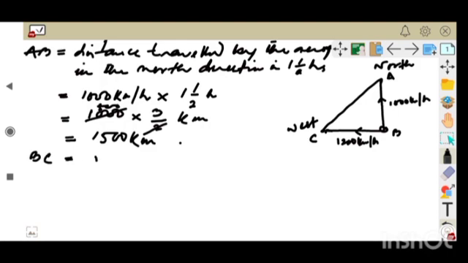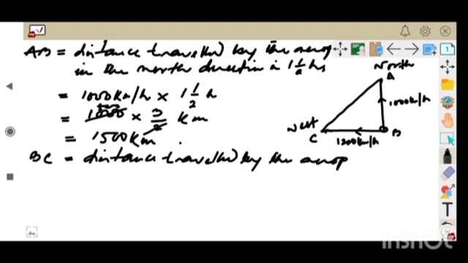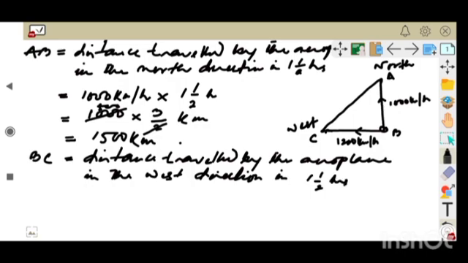Below this, I'll find BC. What is BC? BC is nothing but the distance traveled by the aeroplane in the west direction in 1.5 hours.